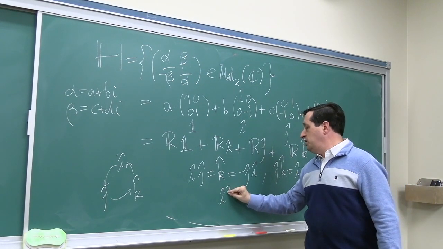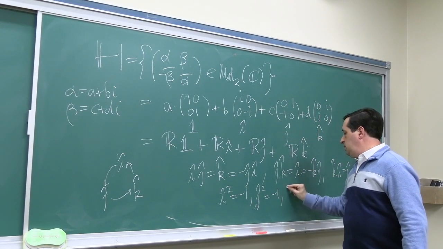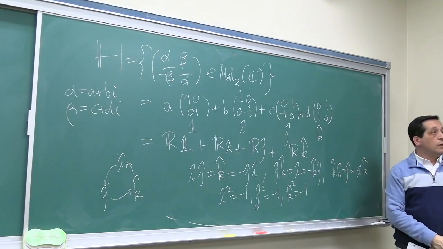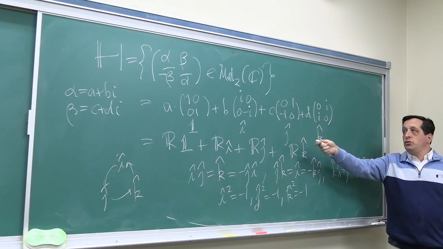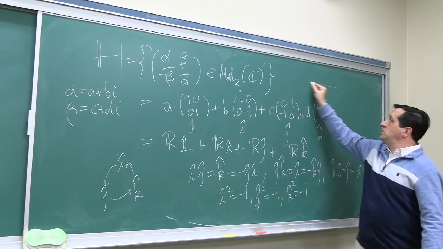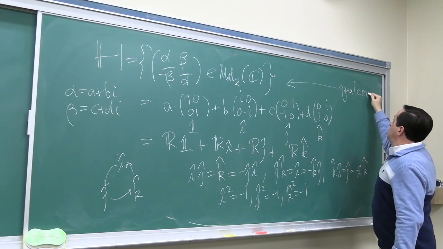And also i squared, j squared, and k squared are all negative 1. So the point is, if you multiply any two such expressions, you get another expression of this type. So this number system is called the quaternions.